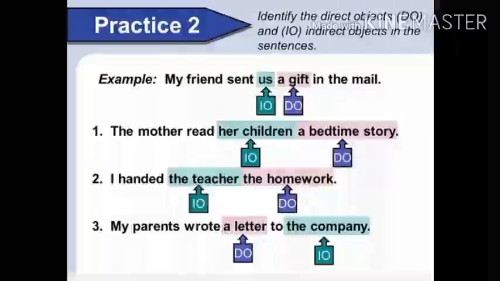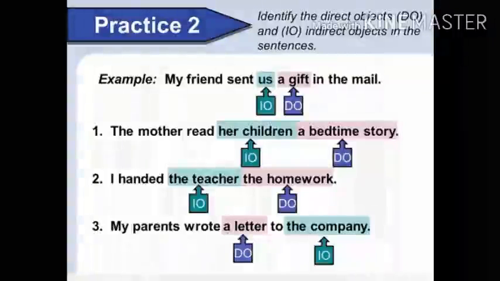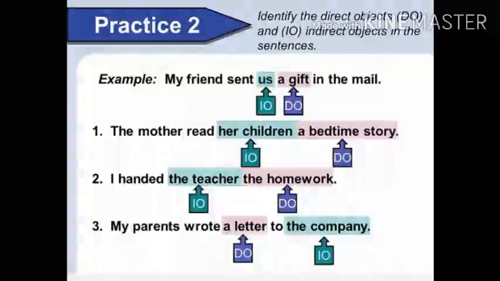Now in this sentence, my friend is the subject and sent is the verb. Now if I ask the question, what did my friend send us? That is a gift. So a gift is the direct object. And if the question is, whom did my friend send a gift? The answer is us. That is the indirect object in the sentence.